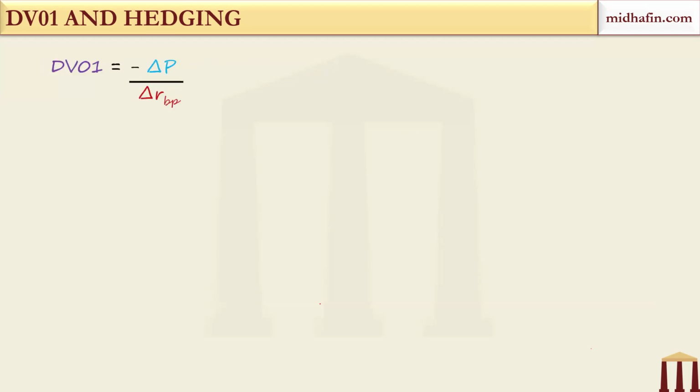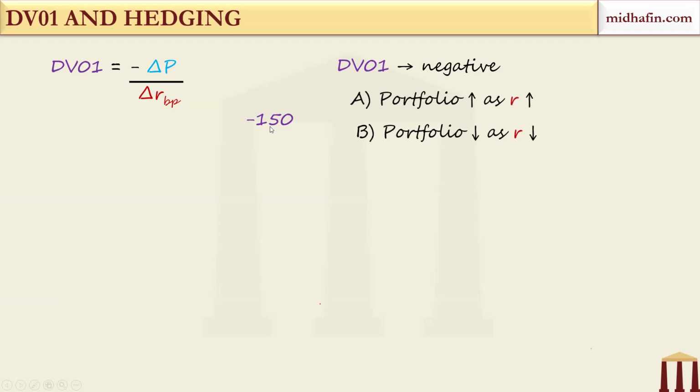I know that DV01 is given by this formula. Now, if I have a DV01 of, let's say, minus 150 for some asset, what does it indicate?